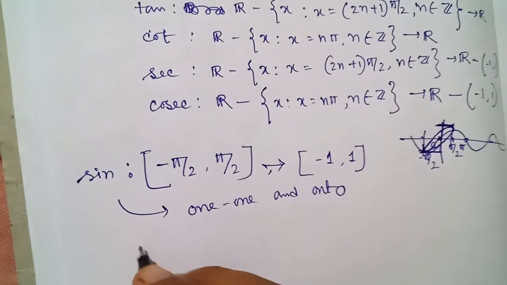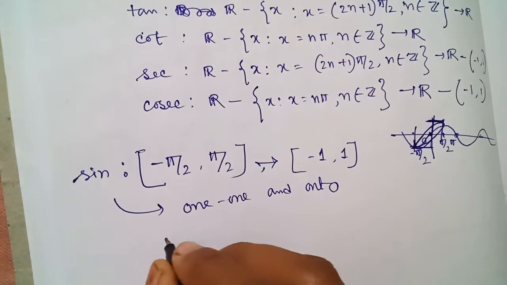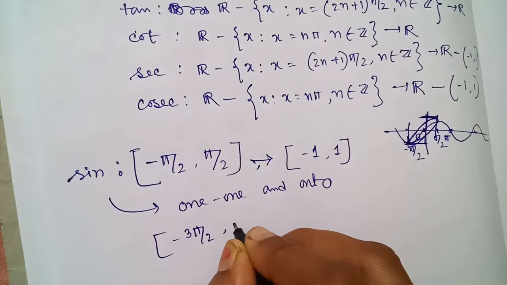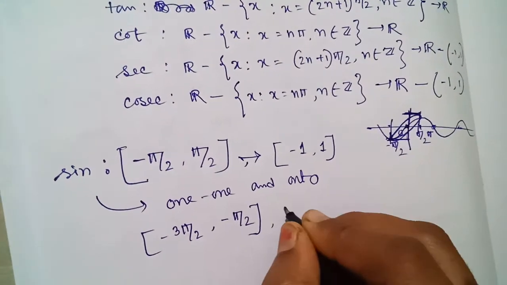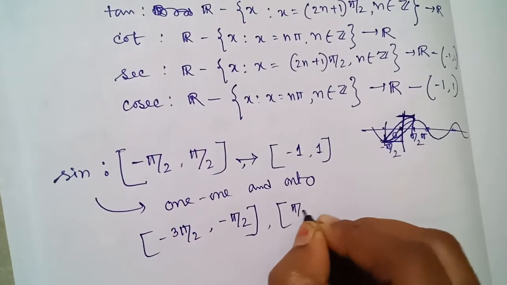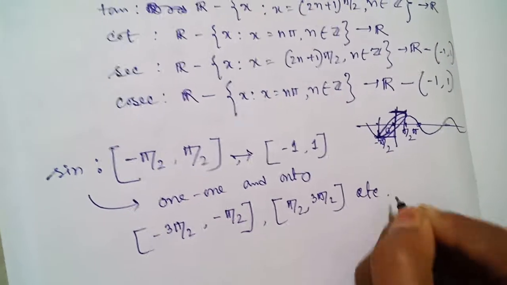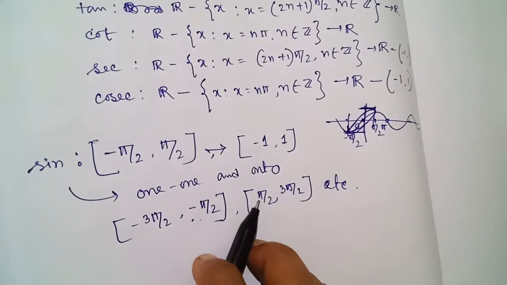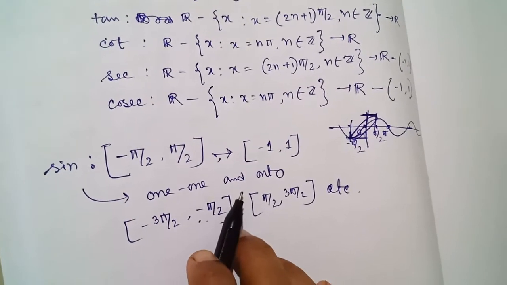Similarly, sine is one-one and onto with some different intervals also, like [-3 pi by 2, -pi by 2] and then [pi by 2, 3 pi by 2], and so on. For all these intervals sine will be one-one and onto.